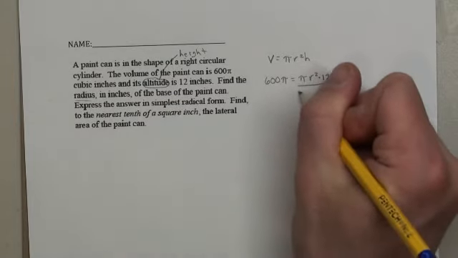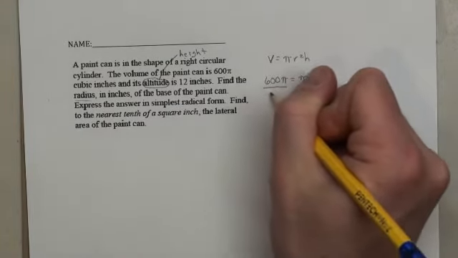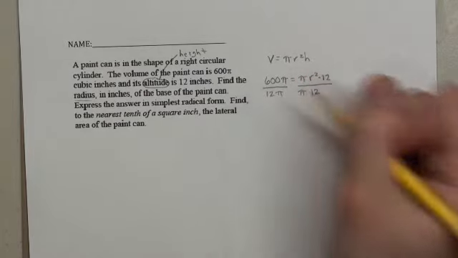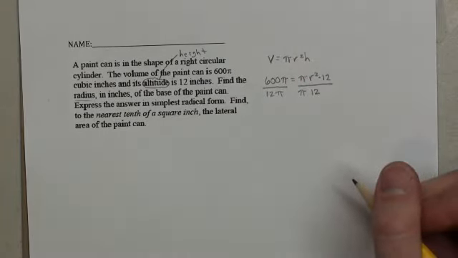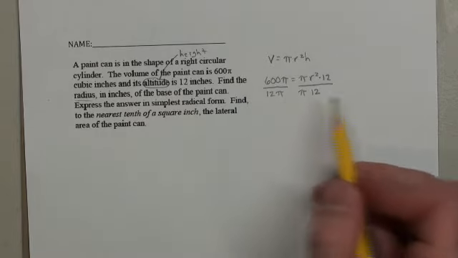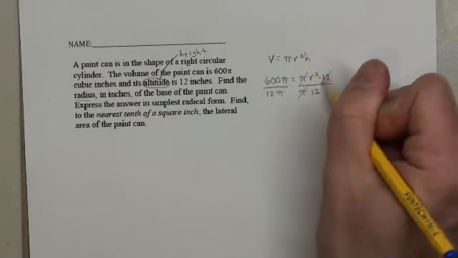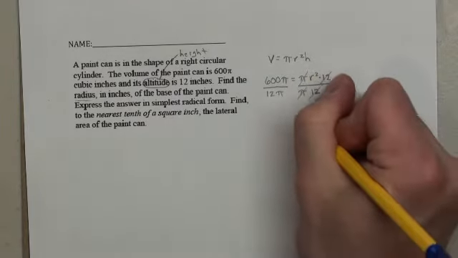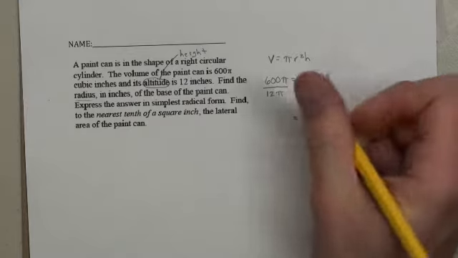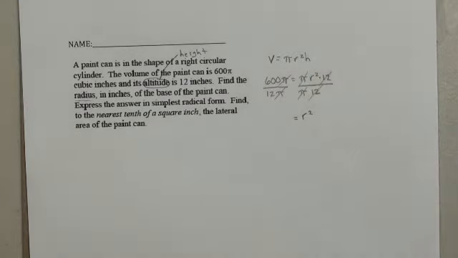We're going to divide both sides by pi and by 12, or by 12 pi. It doesn't matter. It's the same thing, right? I can write the pi first or the pi second. Either way, it's 12 times pi or pi times 12. So that cancels that and that cancels that. So I get r squared equals, now I wrote the pi on the other side here so it just looks better when I cancel it.